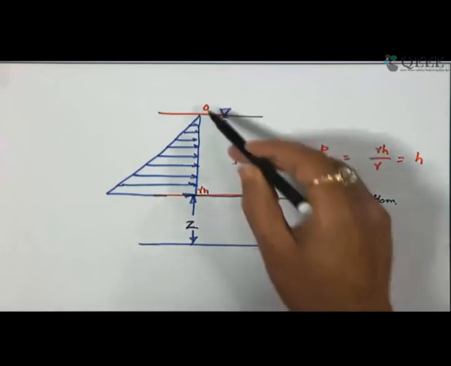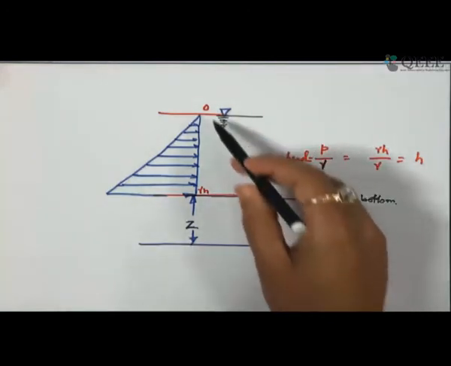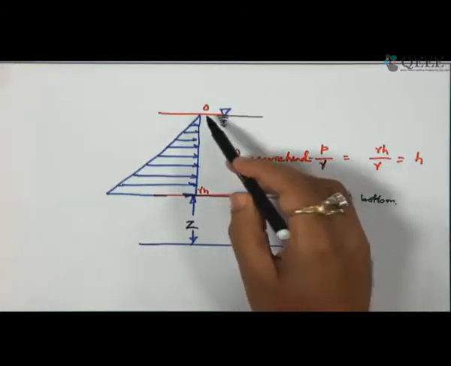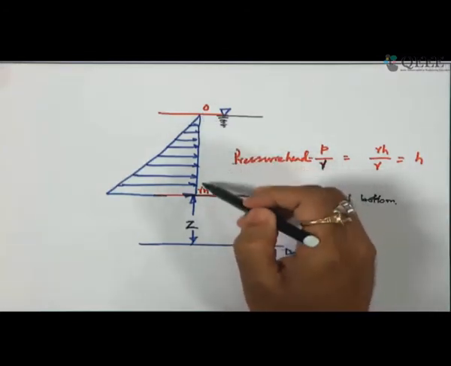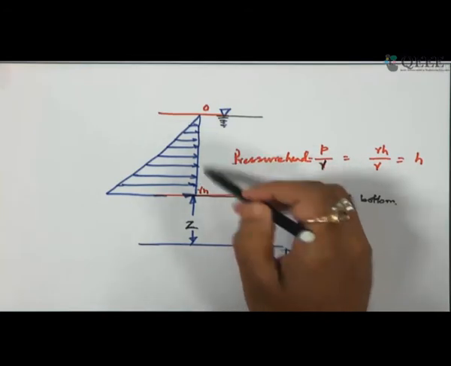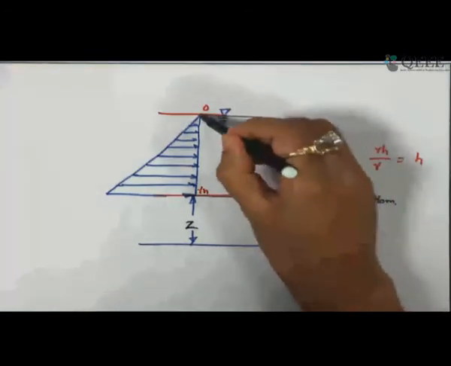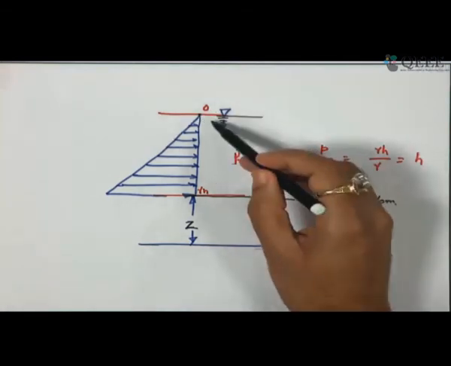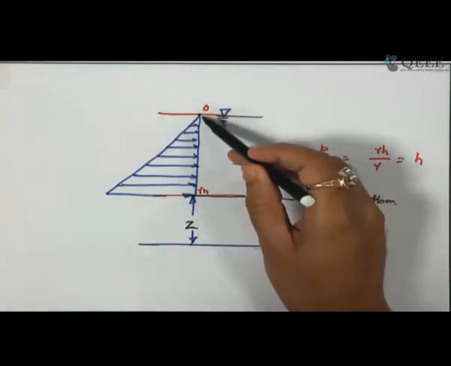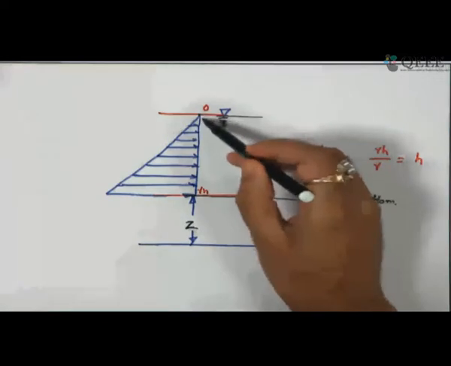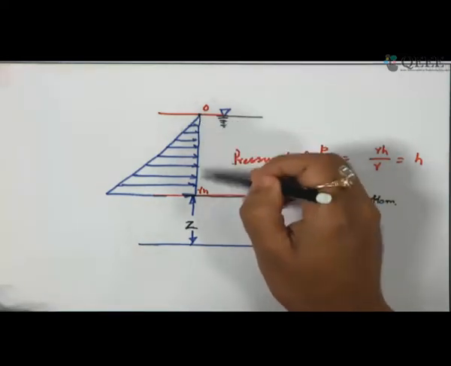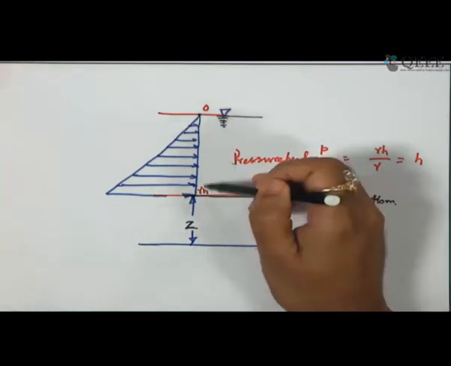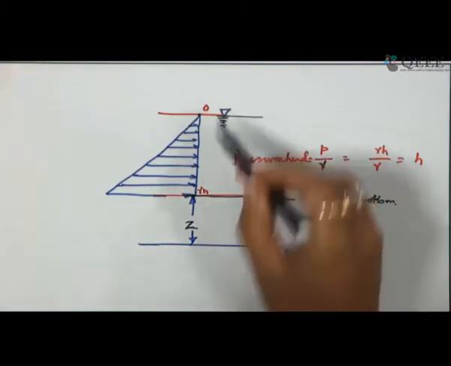So in open channel flows, in simplified form, we consider that the pressure distribution is hydrostatic. That means at the surface it is 0, and as we move towards the bottom of the channel, the values will increase.